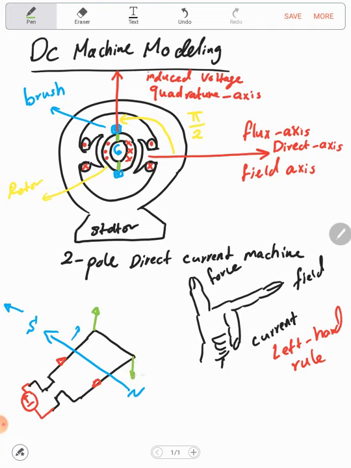So this means that a torque will be generated, forcing the rotor to rotate in the clockwise direction.